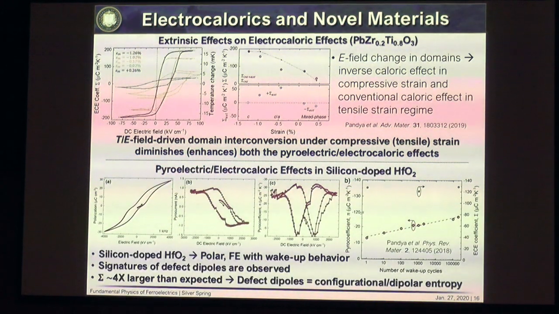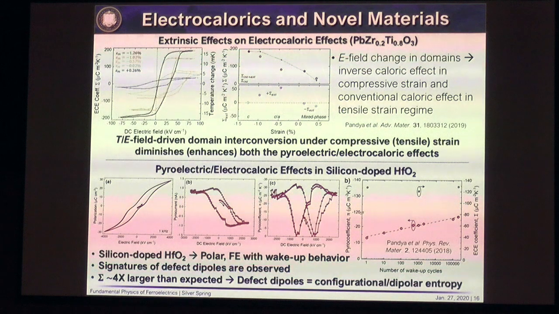We can also look at other types of materials. This morning we had some beautiful talks about the hafnium oxide-based systems. We've also, like everybody else in the world, gotten pieces of these from the Fraunhofer Institute guys and done some measurements there. We see very similar things to what we talked about this morning. We see wake-up behavior in the pyroelectric responses. We see reasonable pyroelectric coefficients for these systems overall.